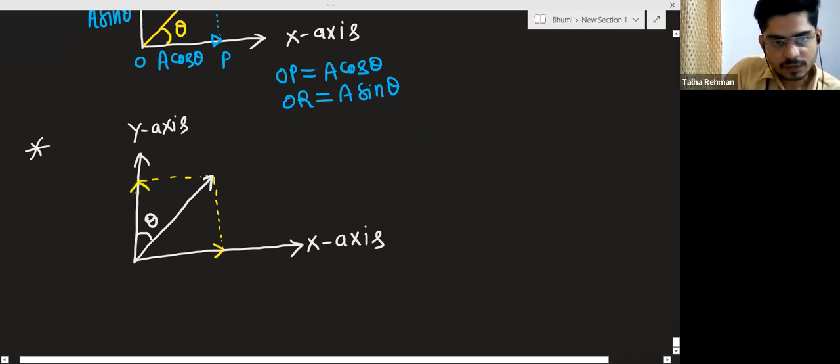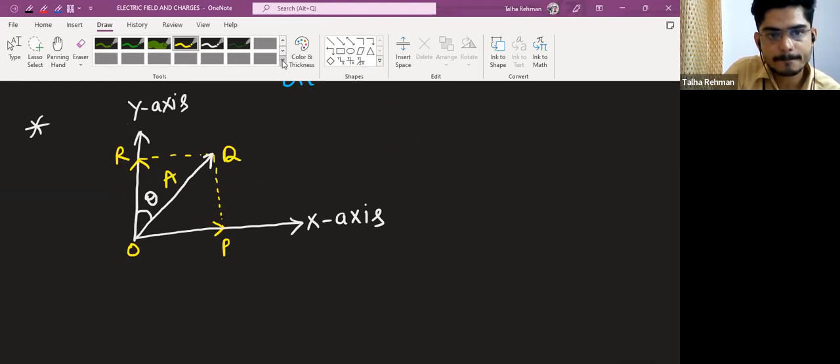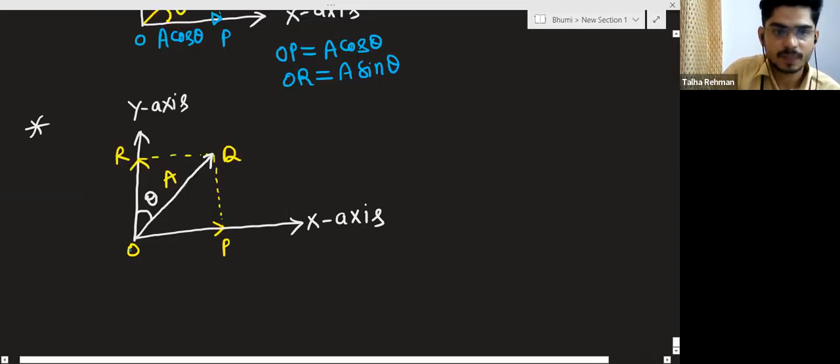suppose this is a vector A again. So this is origin O. I am supposing this as this point O, and this is P. This is Q and R. So OR this time will become A cos theta, and this will become A sin theta.